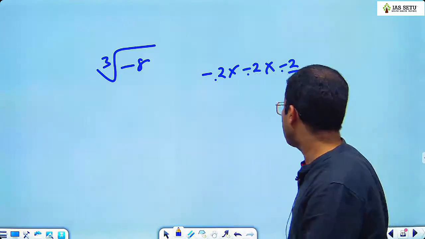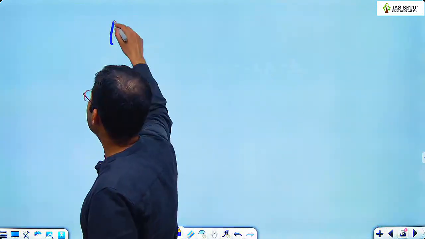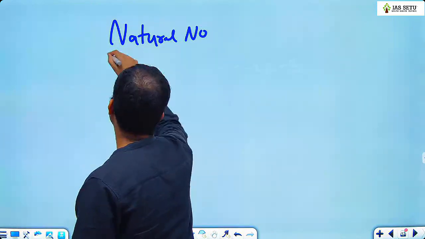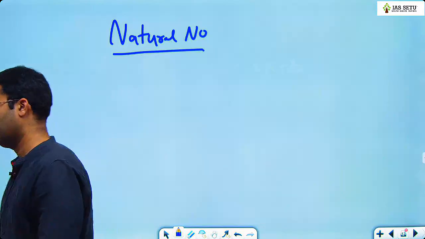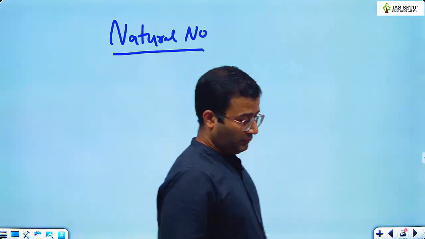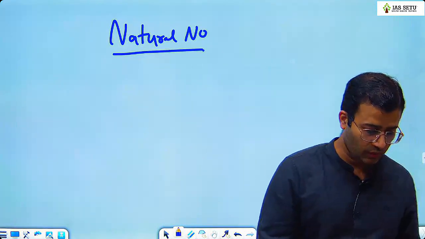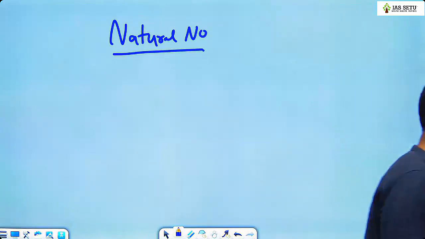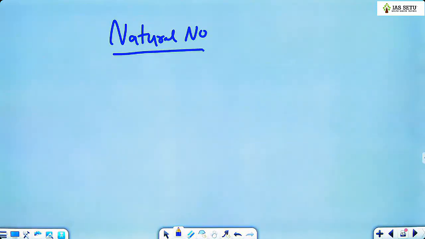Now next is you put heading natural number. Now here natural number we categorize in 3 part. Online students also have doubts. Sir, would 2/0 be indefinite or rational?